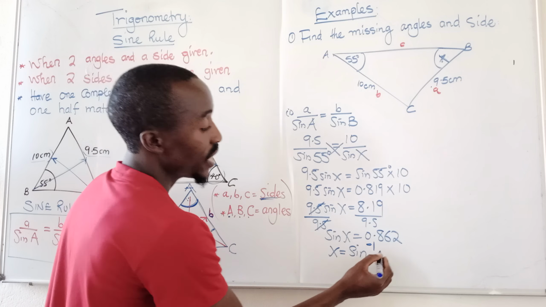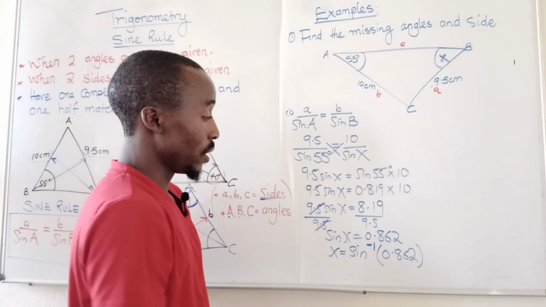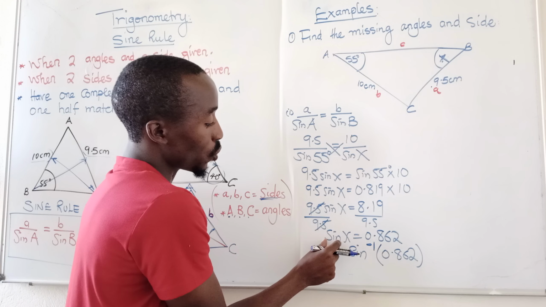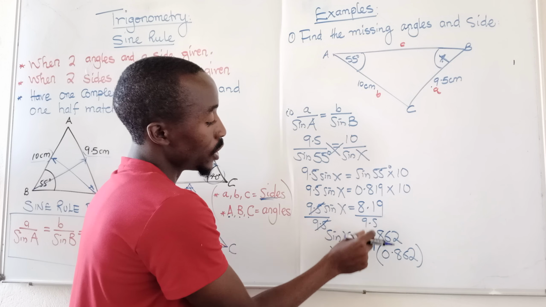Then you open brackets and put 0.862 in brackets. I hope that you have followed that one.